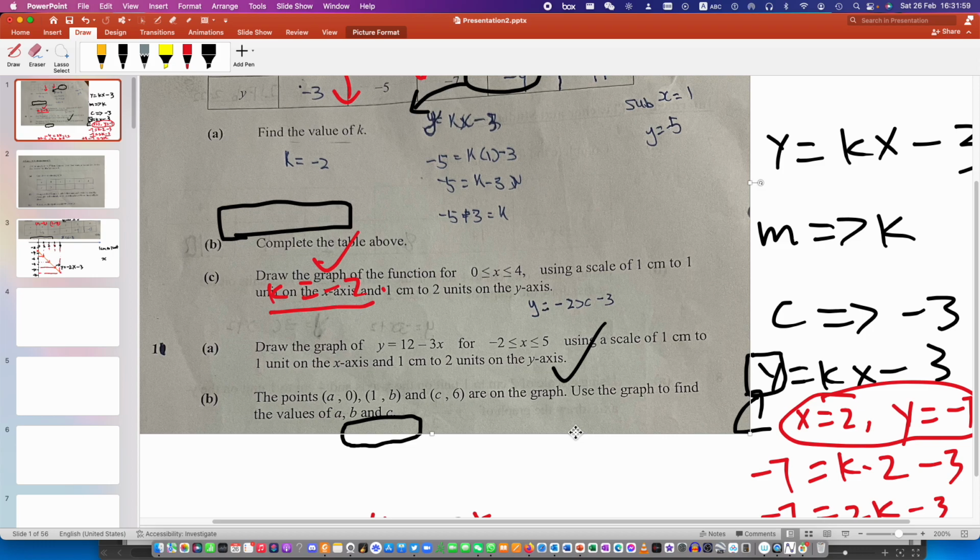Draw a straight line across. Give it an arrow, label the x-axis. What's the y? 1 cm to 2 units. Correct.